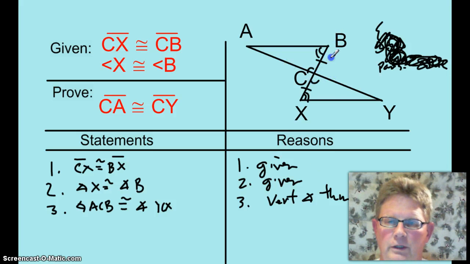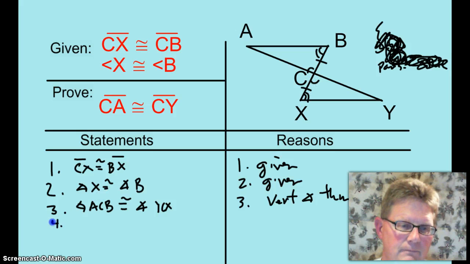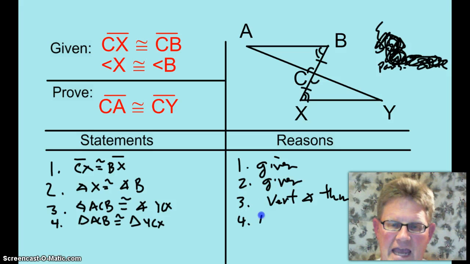Now looking at the two pictures, you've got two angles and the included side, two angles and the included side. That's right. Triangle ACB is congruent to triangle YCX using the angle side angle postulate. Careful how you spell that. There you go.